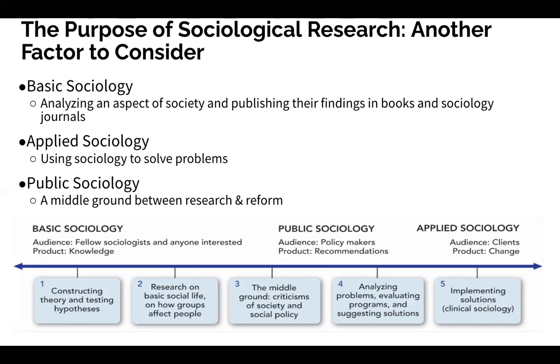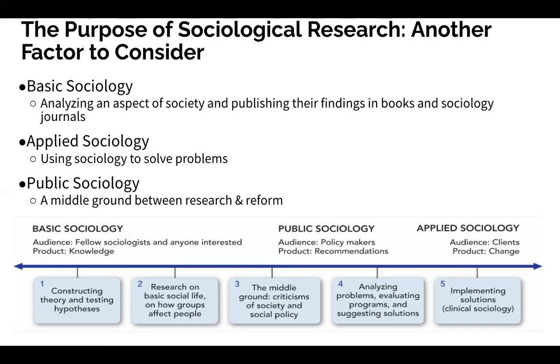The opposite of basic sociology is applied sociology. This is where you use sociology to solve problems. And usually you're doing this for the benefit of specific firms or clients or agencies. And you're trying to change society.